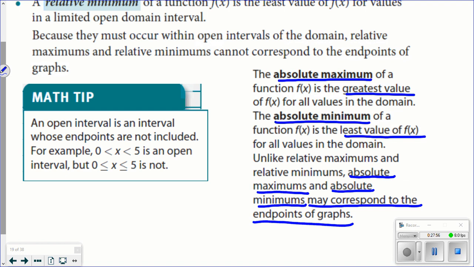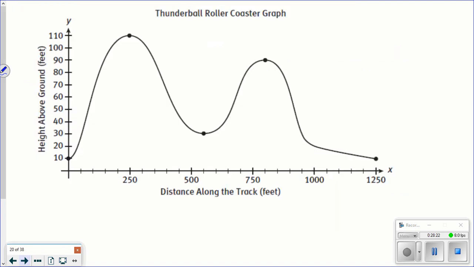If I said, who's the oldest person in the room? That's the absolute maximum age. Or who's the youngest person in the room? That's the absolute minimum. It doesn't matter if they're male or female. I just want the oldest and the youngest no matter where it occurs. The oldest, the youngest, the highest, the lowest. We're not going to put that on our vocab organizer. Hopefully you can just remember it: it's the highest and the lowest no matter where it occurs.